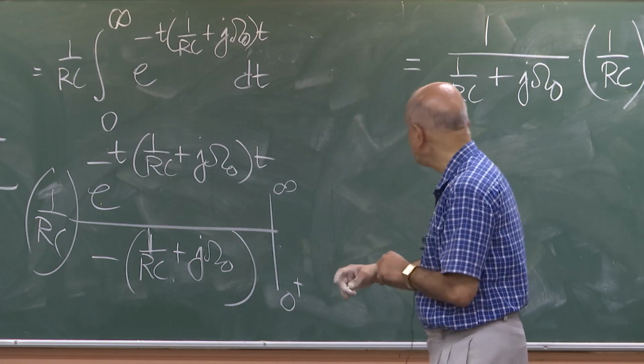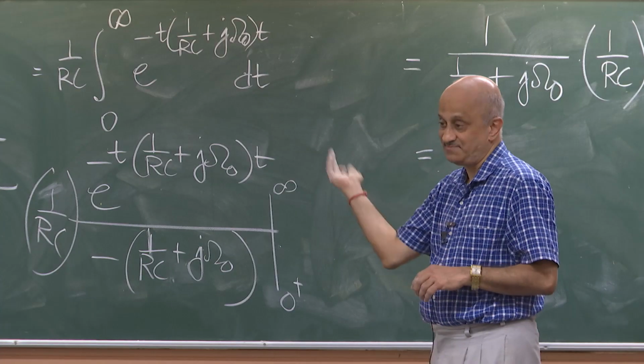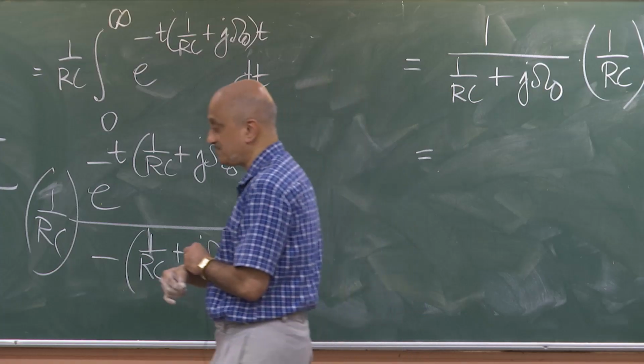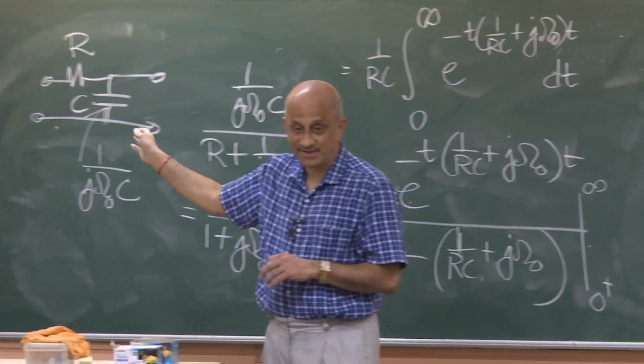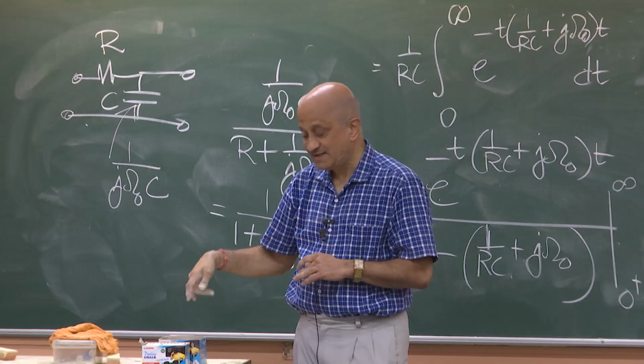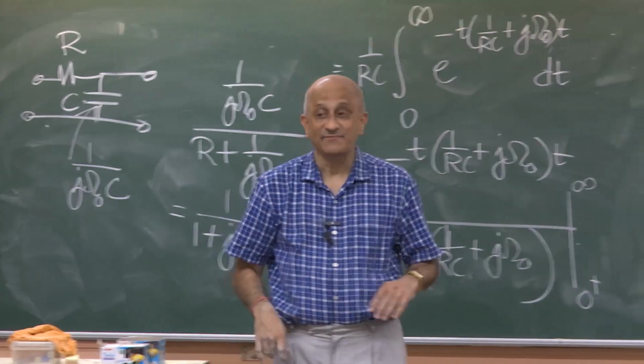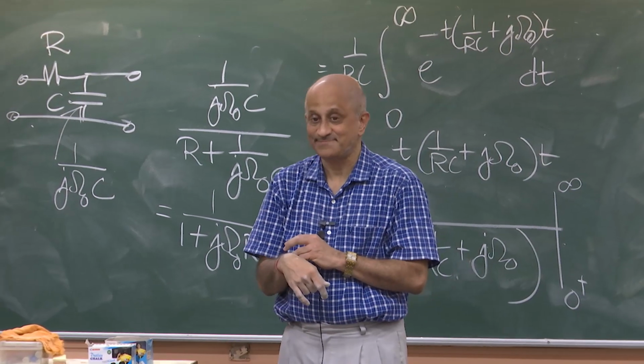This is by the voltage divider principle applied to the impedances. I think all of you are quite familiar with phasor analysis. So phasor analysis gives you the same answer as you get from system theoretic calculations.